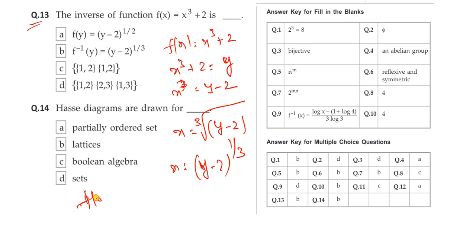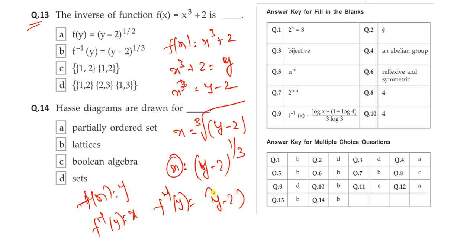We know f of x equals y, so f inverse of y equals x. So in place of x we can insert: f inverse of y equals (y minus 2) to the power of 1 by 3. We can eliminate these two. Okay, then this is the answer: f inverse of y equals (y minus 2) to the power of 1 by 3.